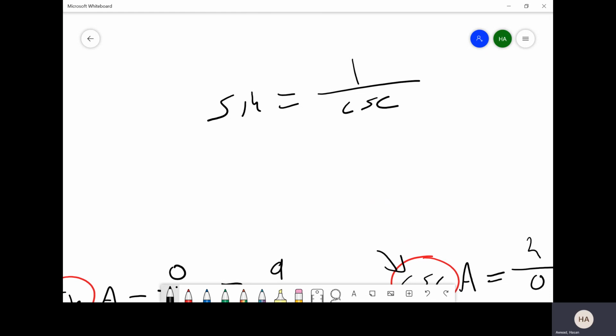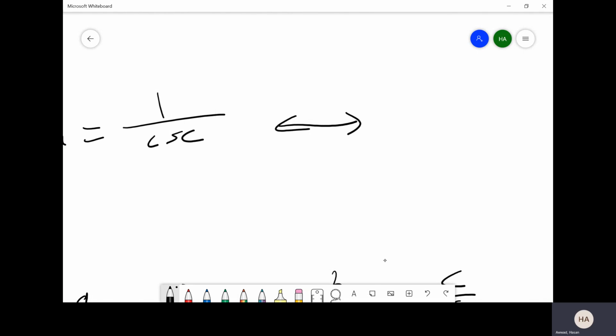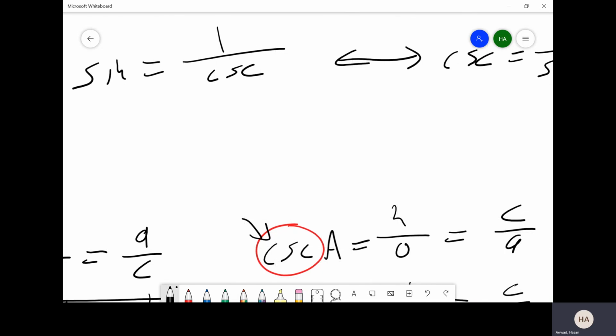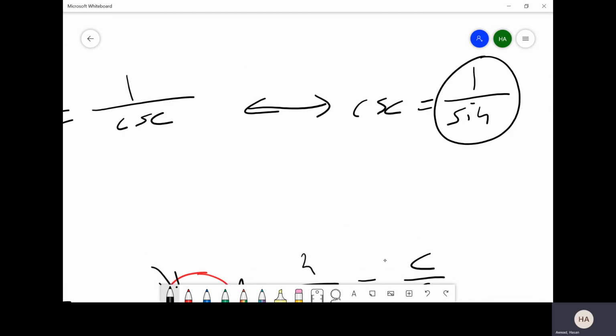This is an equivalent statement to saying cosecant is equal to 1 over sine. Where are we getting this from? Again, if we're talking about reciprocals, sine is the same thing as sine over 1, and so cosecant should be 1 over sine, as we can see right here.